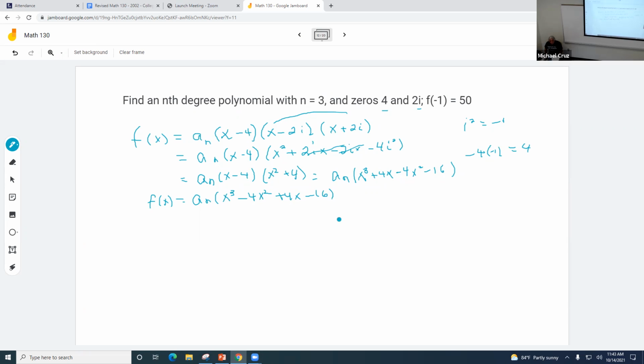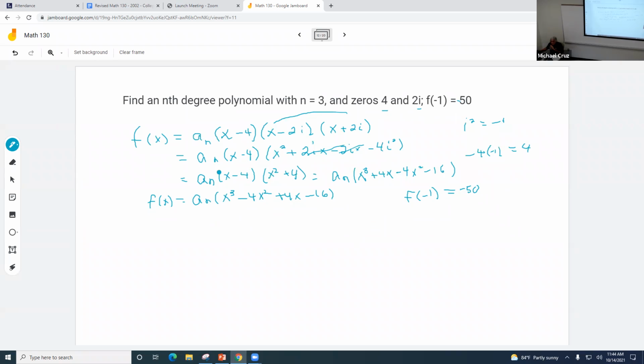Now, the bit of information that they give us up there is f of -1 is equal to -50. So they're telling us one of the functional values. And what we're going to do is plug that in. The functional value is -50.